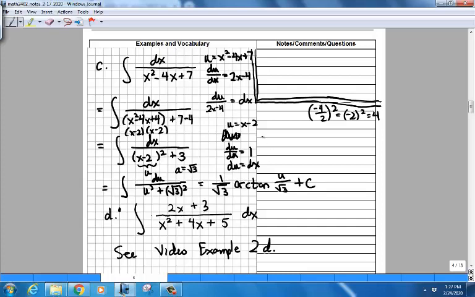Now we just undo the substitution, right? So it's 1 over square root of 3 arctangent of u, which is x minus 2, right, over square root of 3, and then plus the constant. This one doesn't have absolute value in it, so you don't have to write the absolute value.